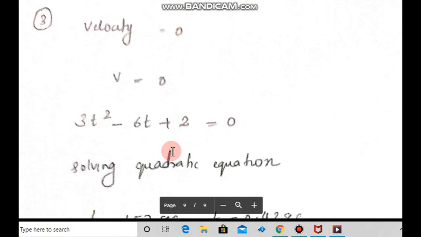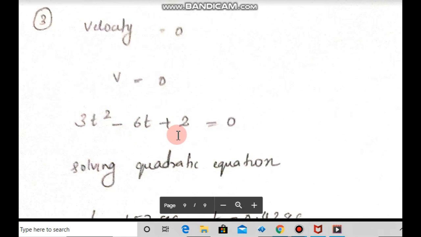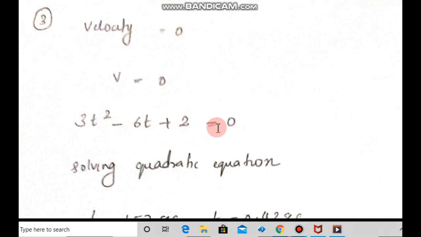The last part of the problem is the time taken when velocity is 0. I don't know how clear this is, but I hope you can follow. Time taken when velocity is 0 means we substitute v equal to 0 and find the time at that point. So 3t square minus 6t plus 2, the equation for v, is equal to 0.